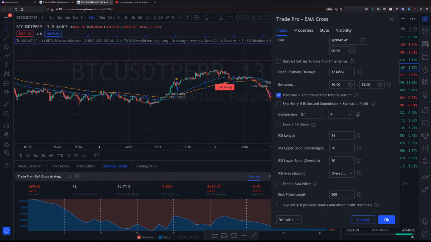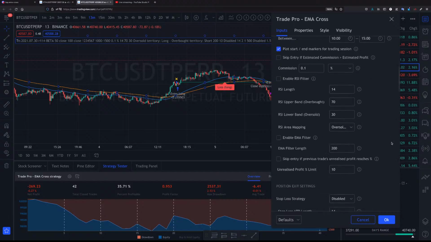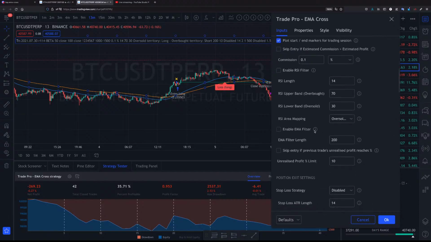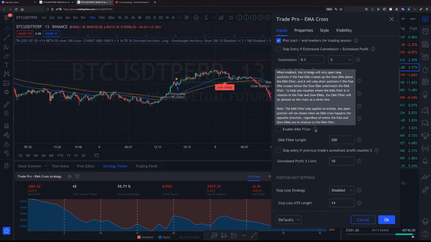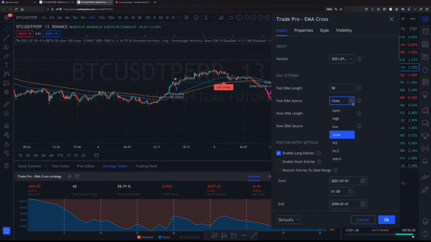Yeah, we have the RSI filter, which we might tinker with. Enable EMA filter. What is this? Let's see. Okay, let's start from here. So this is the fast EMA, the blue line, and what is its source?